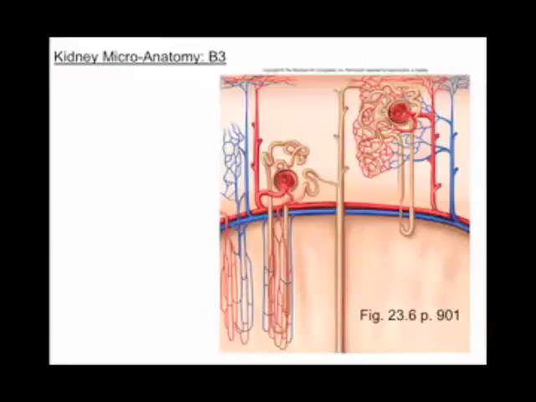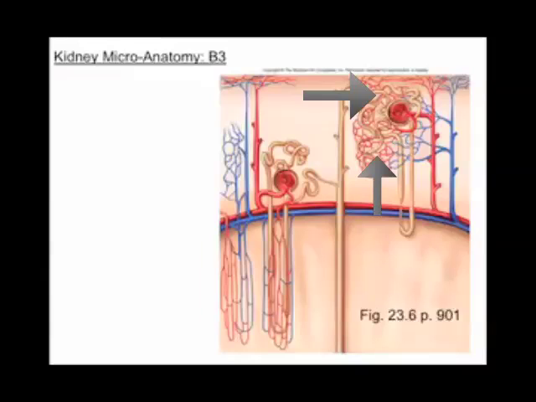And we also have a blood supply that surrounds the proximal and distal convoluted tubules as well. And that also comes off of, and they're only showing it separately, but they are coming off all the same areas. We have right here, and these are called the peritubular capillaries.